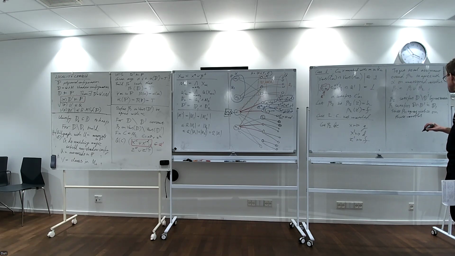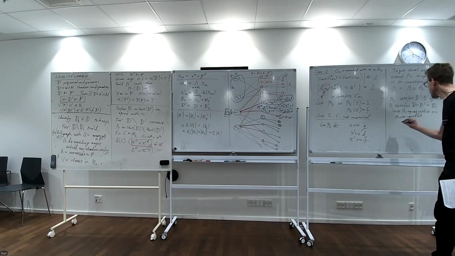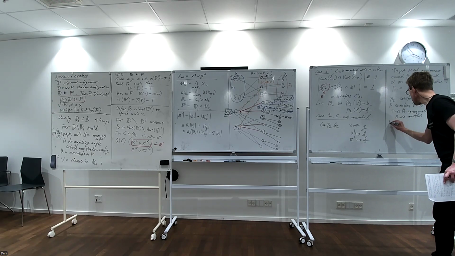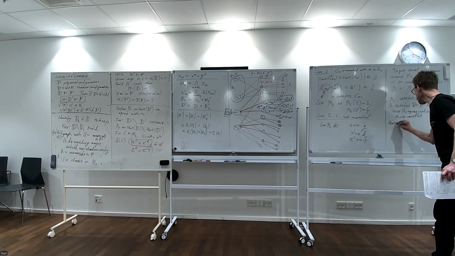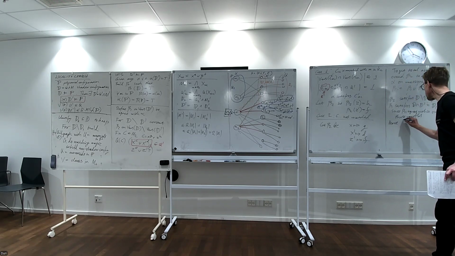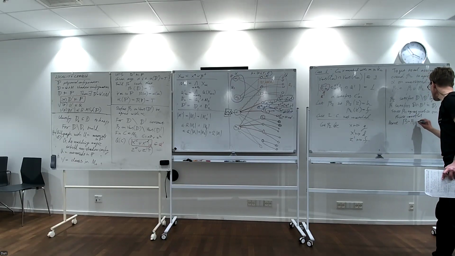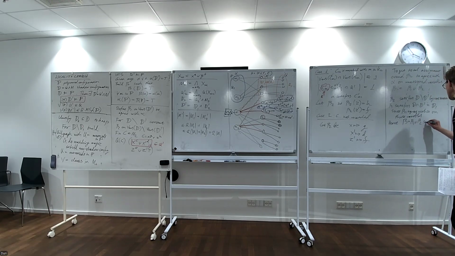Okay, so now I have concluded that beta, the union of beta 1 and beta 2, satisfies our old shadow configuration flat style D.